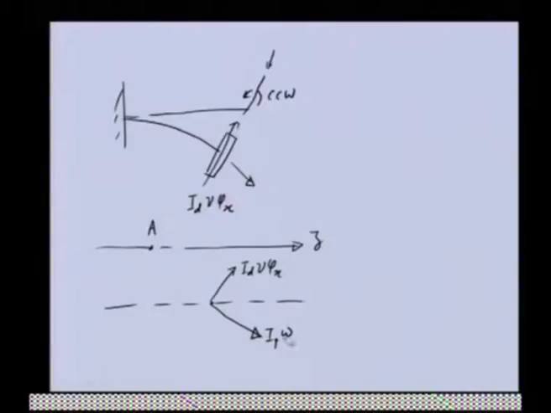So here you can see this is the angular momentum due to the spin, and this is the angular momentum due to the whirling, which is whirling frequency nu. Now we will take the components of these vectors parallel to the bearing axis and perpendicular to it. So we know that this particular distance is y, and various angles we know because of the tilt of the disk. This is phi x, this angle is also phi x.